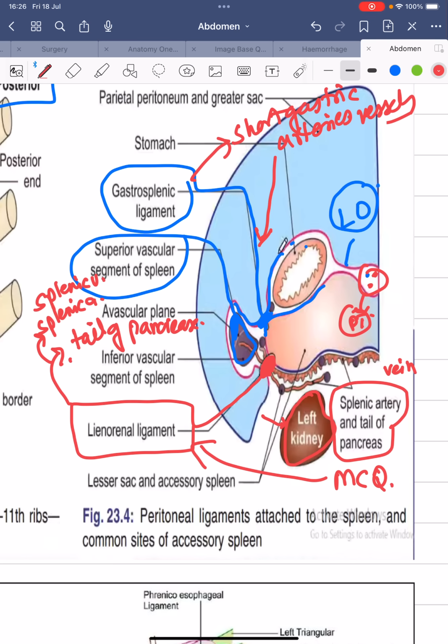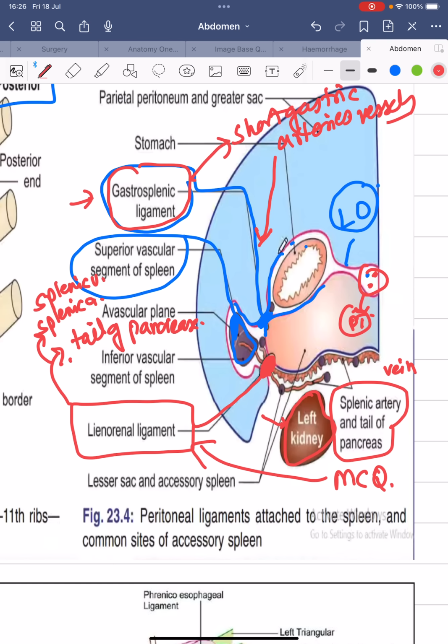Once again, I am repeating to all of you. These two ligaments are very important in relation to the spleen. Number 1 is the gastrosplenic ligament. It is attaching the spleen to the stomach.